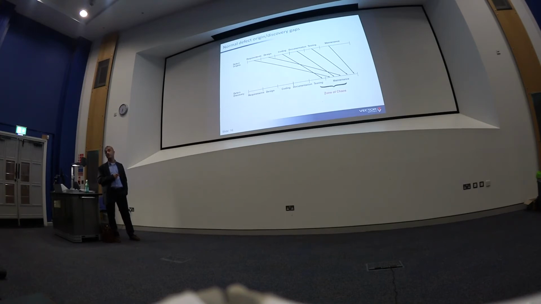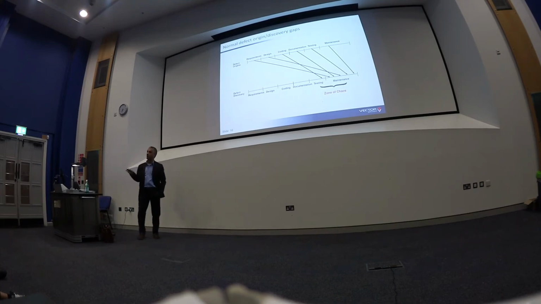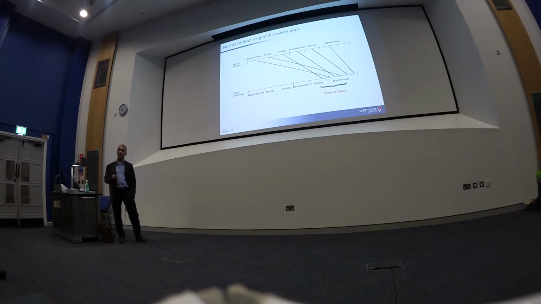You do the requirements, the design, coding, documentation, testing, and introduce errors. You find the errors when it's too late, when you are doing testing and maintenance, so when you are in the field, for example, or in the latest phase of development. So if you have 2 million cars to recall, or maybe 20 million cars, like in the Volkswagen situation, to recall and update the software will cost a lot of money. Okay?